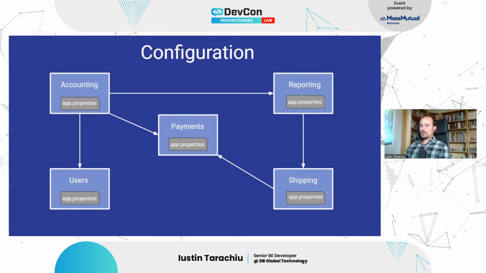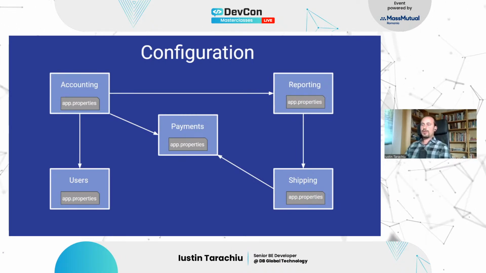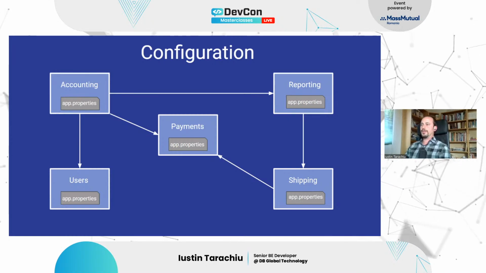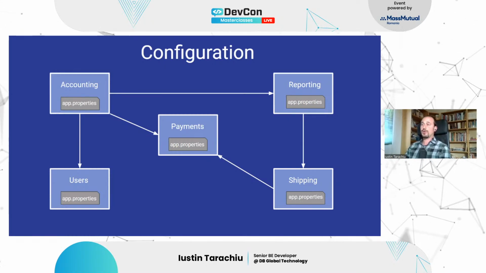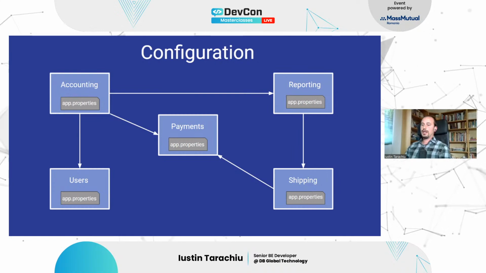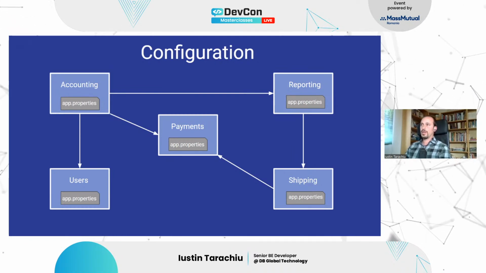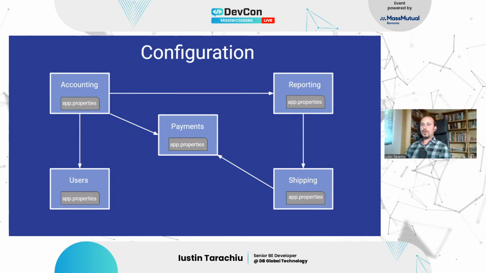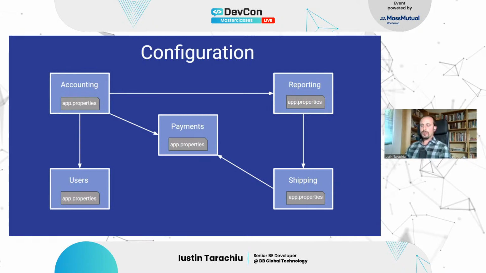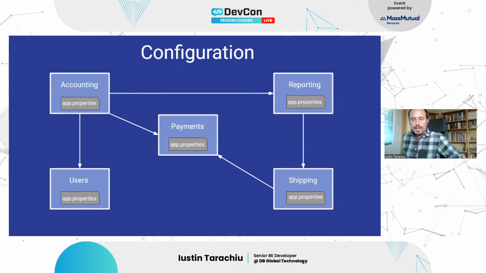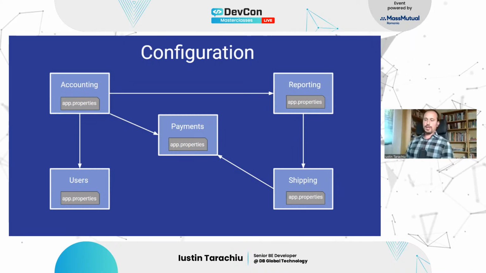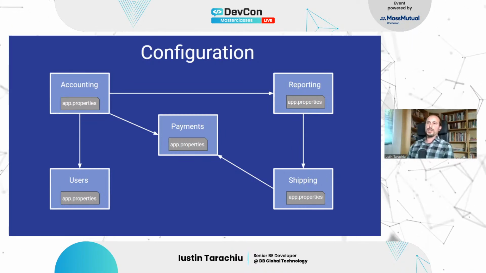I want to speak about another problem that can get quite difficult at times when using microservices, and that is configurations. When we had a monolith, we used to have only one application file that would host all the properties we needed.